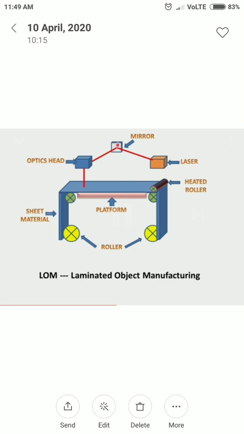One by one I will explain, because it is very important. If you know the components and the working principle, then you will be able to write the whole process.